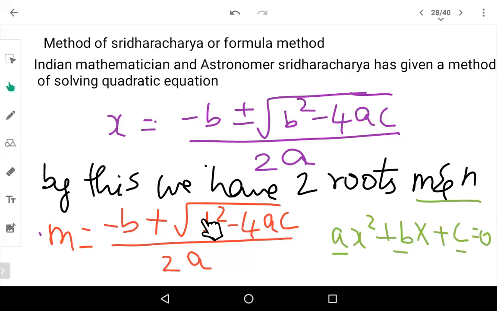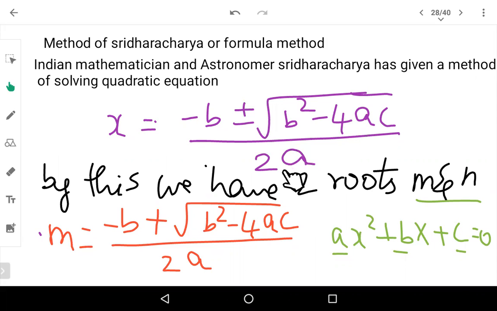So what is m? From the same formula, m is equal to minus b plus square root of b square minus 4ac divided by 2a. Here if I consider plus, that will become m. Now, same formula, if I consider minus here, n is equal to minus b minus square root of b square minus 4ac by 2a.